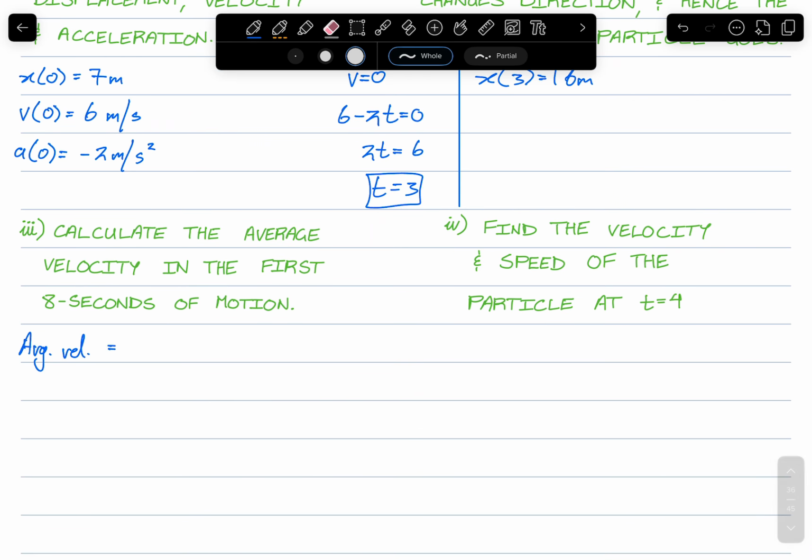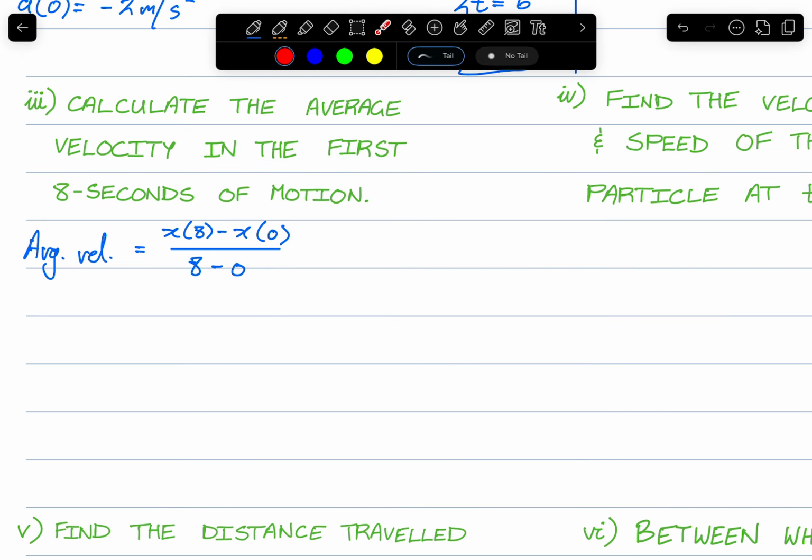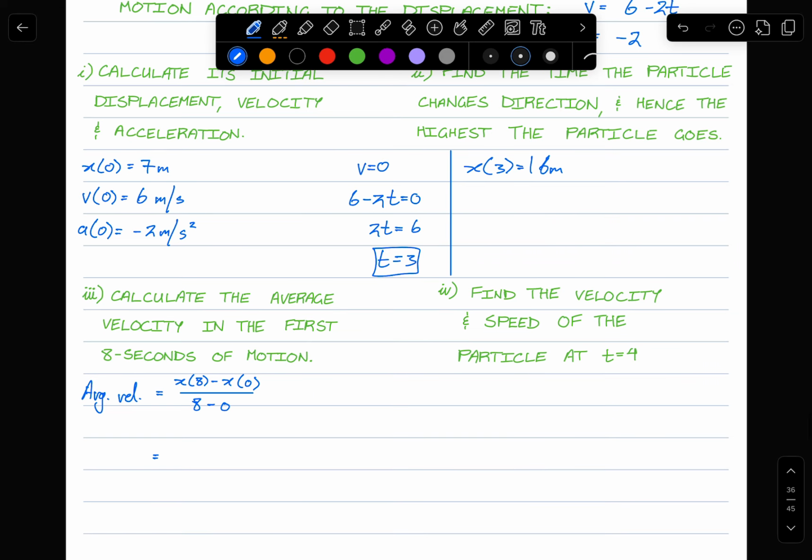So in this case, in the first 8 seconds, it's going to be x of 8 minus x of 0, over 8 minus 0. Remember, this is just the displacement at 8 seconds minus the displacement at 0 seconds.